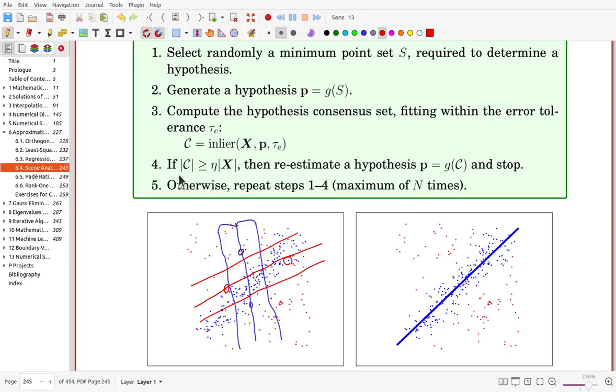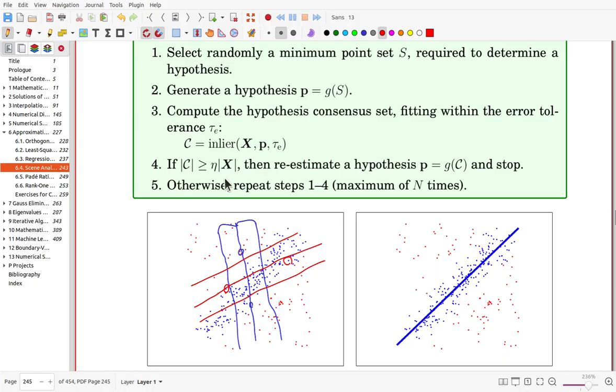In this case, if we know the portion of inlier points, where X is the total number of points and the number of inliers is C, say about 80%, then when the count is larger than 0.8 times the total, we can stop. Along with this stopping criterion, if we keep searching, then after some time we reach the required strip and inliers. Then by using those inliers, we re-estimate the hypothesis, the parameters, and stop. If not, we keep going.